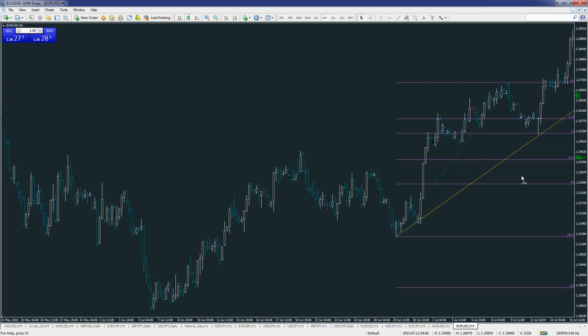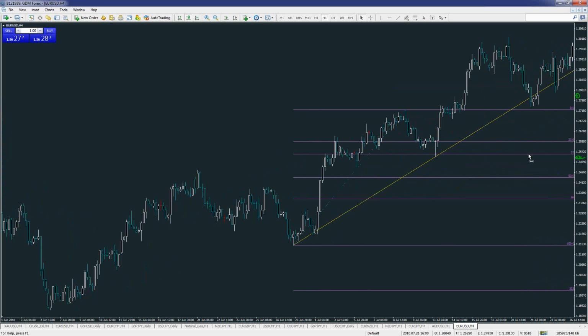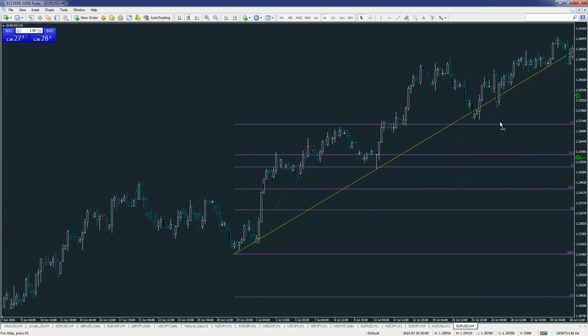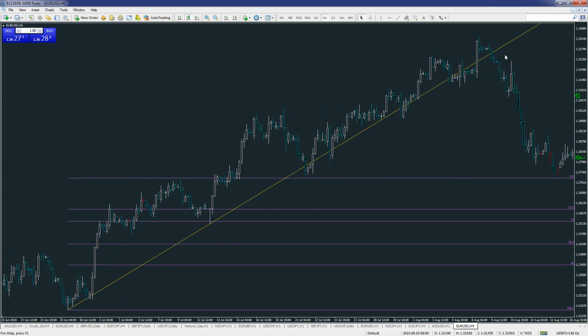During the time you can see spikes to the upside, new highs are posted, new lows are posted which are higher than the previous. The trend continues to the upside, quite a bit of time before it actually became invalid by breaching the trend line and going back to the downside.